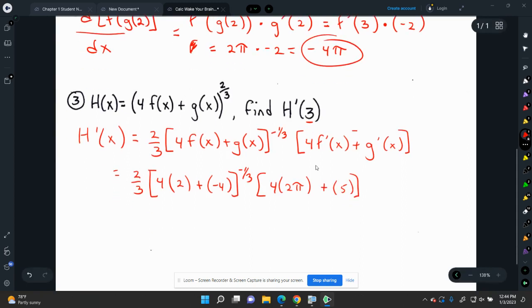Are you with me so far? Okay. So we have 2/3 times, let's see, 8 minus 4, so that's 4 to the negative 1/3. And that's just going to be 8 pi plus 5.